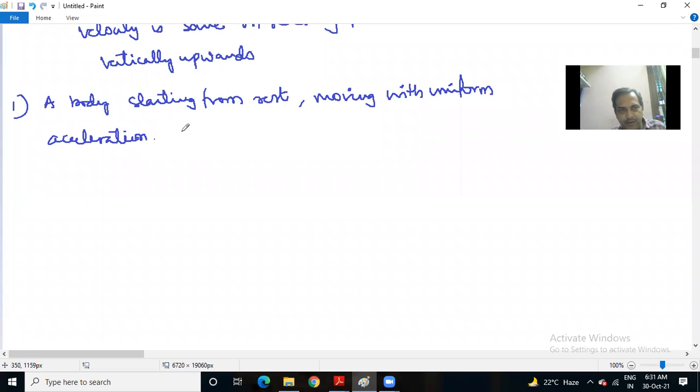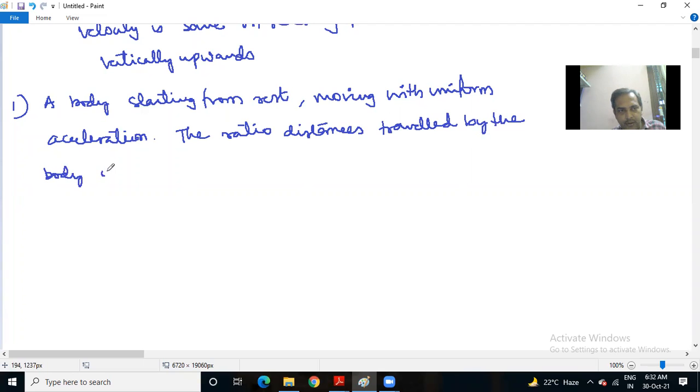So we are going to find out the ratio of distances traveled by the body in 1 second, 2 seconds, 3 seconds.